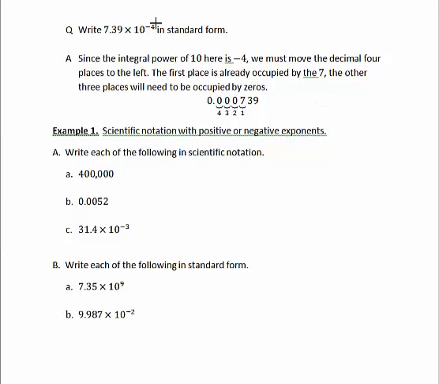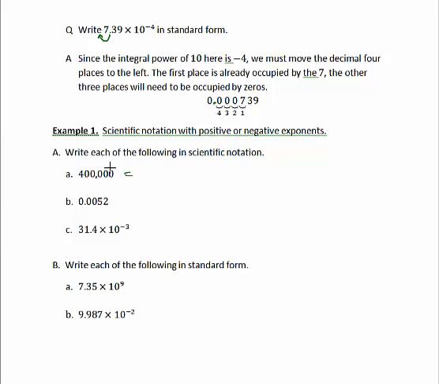And so this negative exponent makes 7.39 smaller, and you do that by moving the decimal place to the left. If we were to move the decimal place to the right, we would make this number bigger. That's the wrong direction. Negative exponent says we go 1, 2, 3, 4 to the left, and so standard form of this number would be 0.000739.